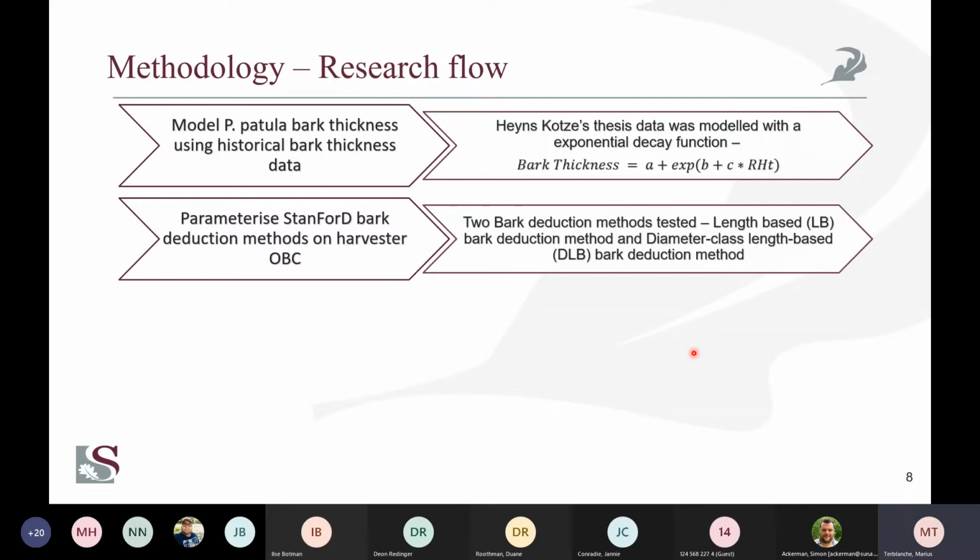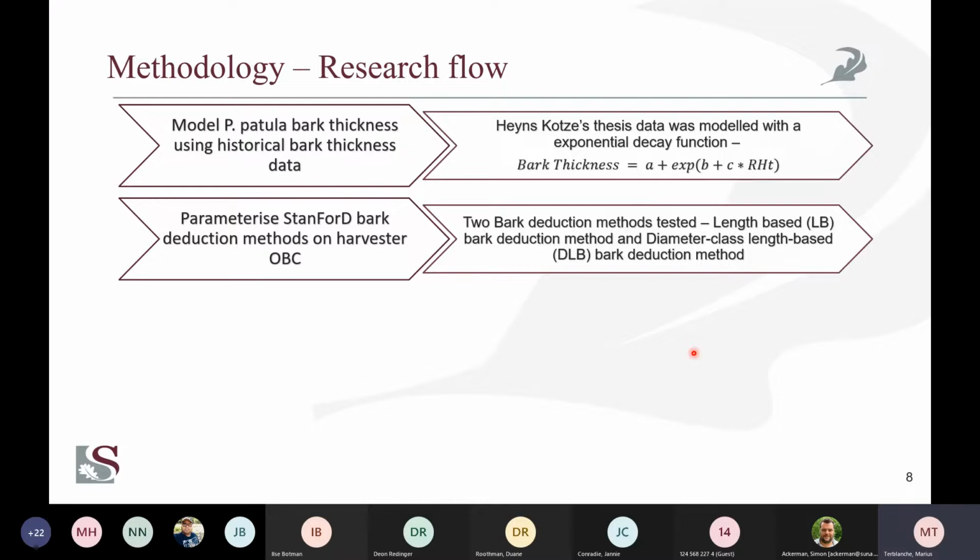With that data, we parameterized the StanForD bark deduction methods that are available on the harvester. An issue with the bark deduction methods is that the machines are generally from Scandinavia, so there are no inputs readily available for South African conditions. So we needed to work within the framework available on the system.